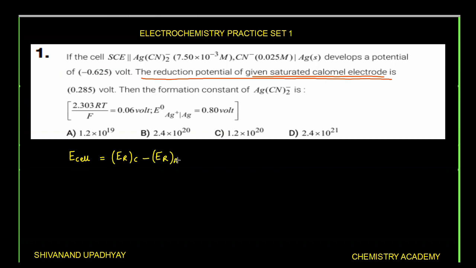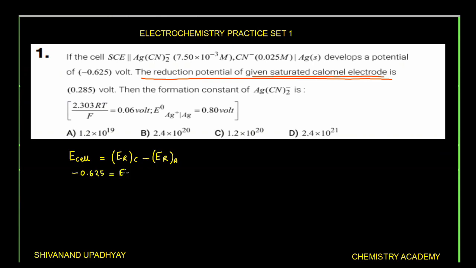Our anode is the saturated calomel electrode. The reduction potential of the saturated calomel electrode is given. I'm not talking about the standard reduction potential of the calomel electrode, it is the reduction potential. So the whole value is given, and from here I can put the value. This value is 0.625.